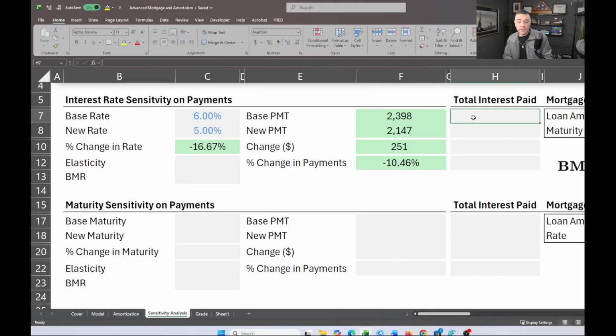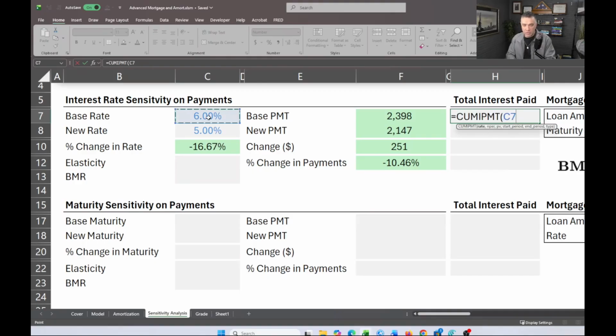Let's compare the total interest paid. That's going to be our cumulative interest. We want to do our rate, which is 6 divided by the periodic payment, NPER, everything's really the same. Loan amount, start period, end period is NPER. And then we'll have to hit that 0 for the payment at the end.